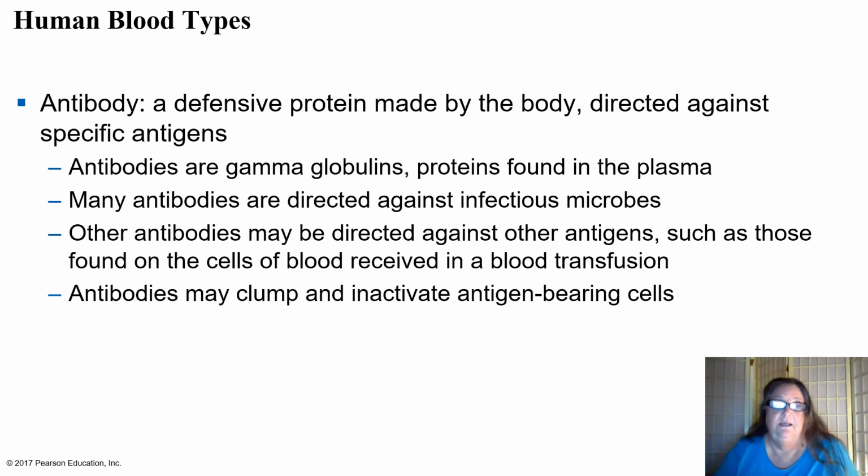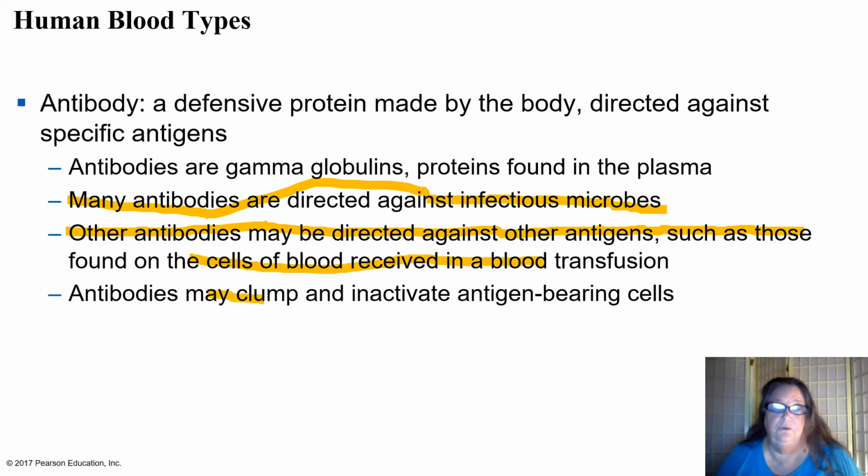As they're saying, many antibodies are directed against infectious microbes and viruses. All right. What we're talking about here is antibodies against other antigens, such as those on red blood cells received in a blood transfusion.